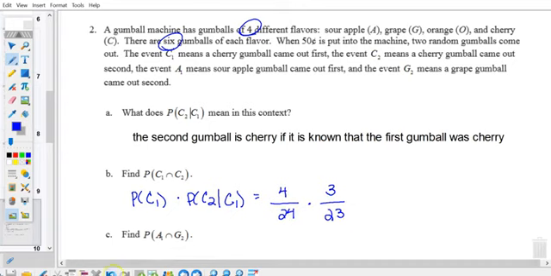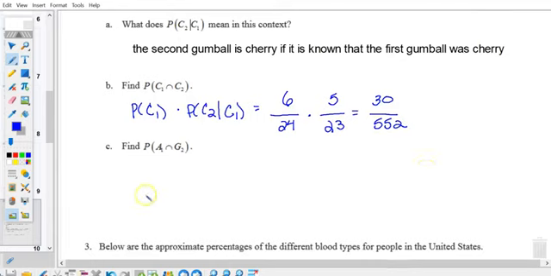Oh no, 6. Oops. 6 are cherry. I've already gotten 1, so now there's only 5 left after that. So in your calculator, well, 6 times 5, we know that's 30. 24 times 23, 552.